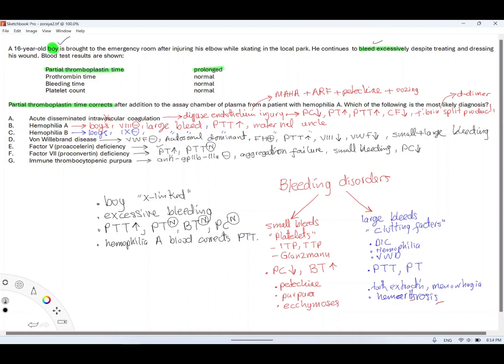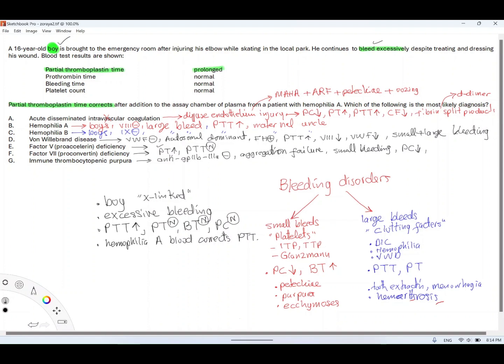Look for spleen enlargement as well. The trigger is like a viral infection, usually occurs in children and females, like a respiratory infection that leads to increased antibody production, which can further trigger this disease.